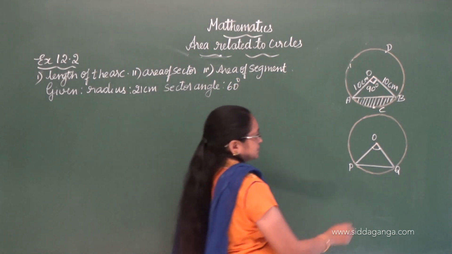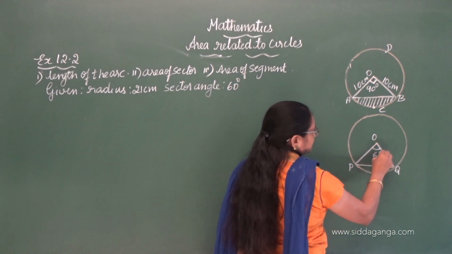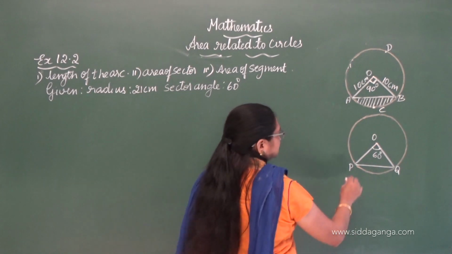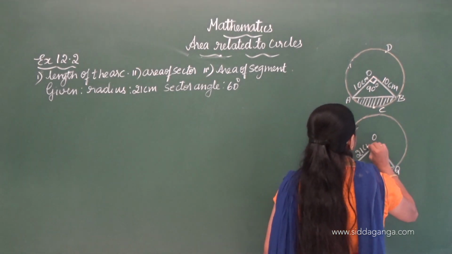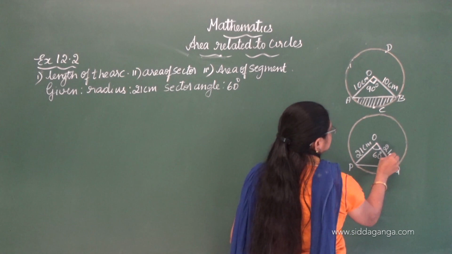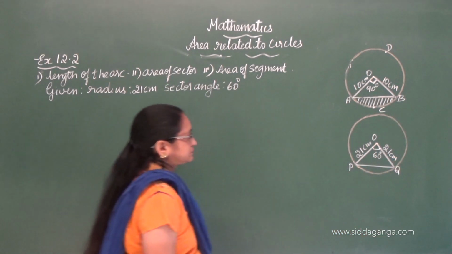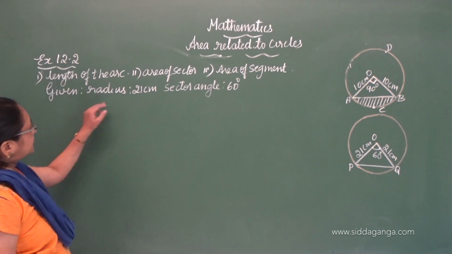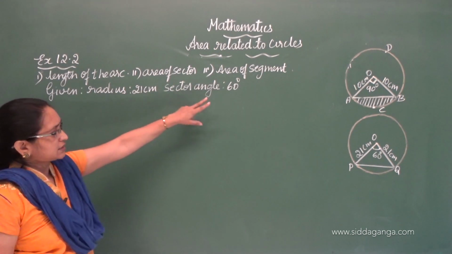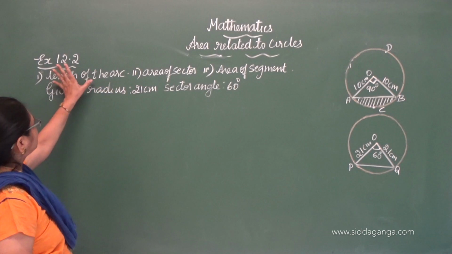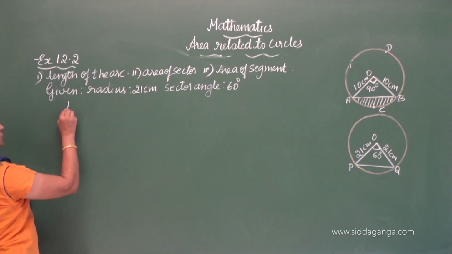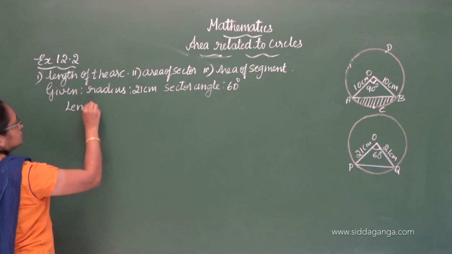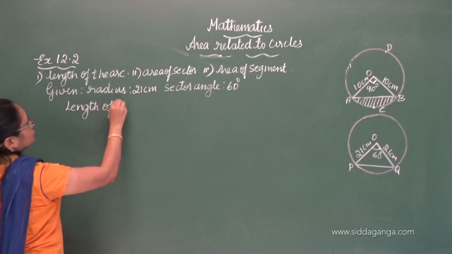Okay, so radius is given, sector angle is given. So you have to find out the length of the arc. So what is the formula to find out the length of the arc?